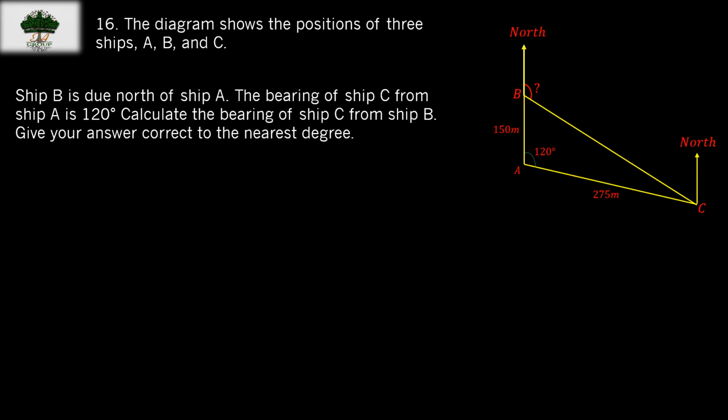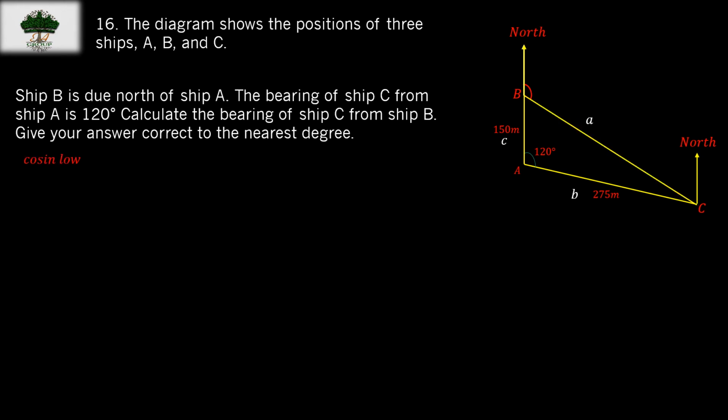Now, the first step here, we will name the three sides of this triangle A, B, C by using the opposite angle. So A is the name of side BC, since it's opposite to angle A, same for BA and same for AC. Now, first we need to find the length of this side BC. We will use the cosine law.